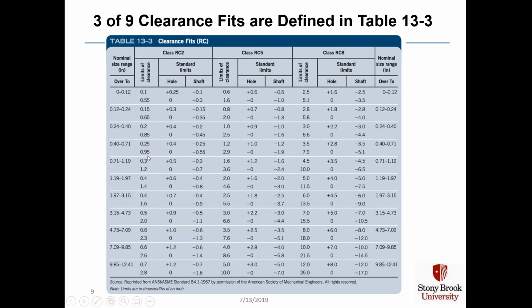Then the limits of clearance for that hole are between 0.3 thousandths and 1.2 thousandths. The hole gets the nominal size of 1 inch exactly on the negative side. On the positive side, it's 1 inch plus 0.0005. We'll give you an example on the next slide to fill in all the numbers for you.